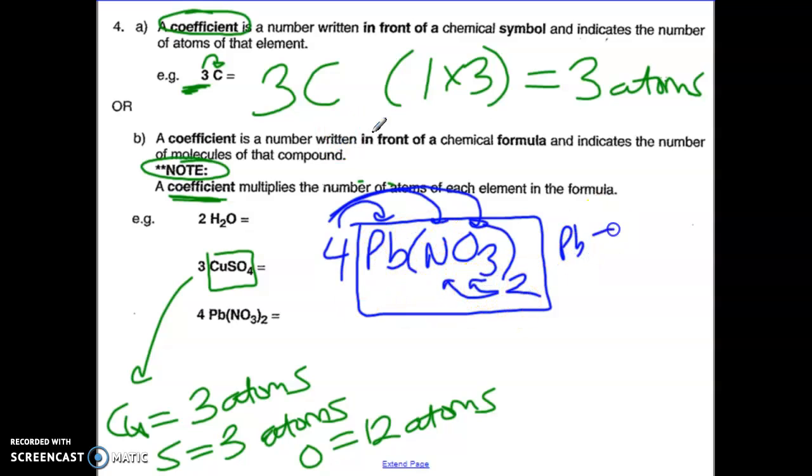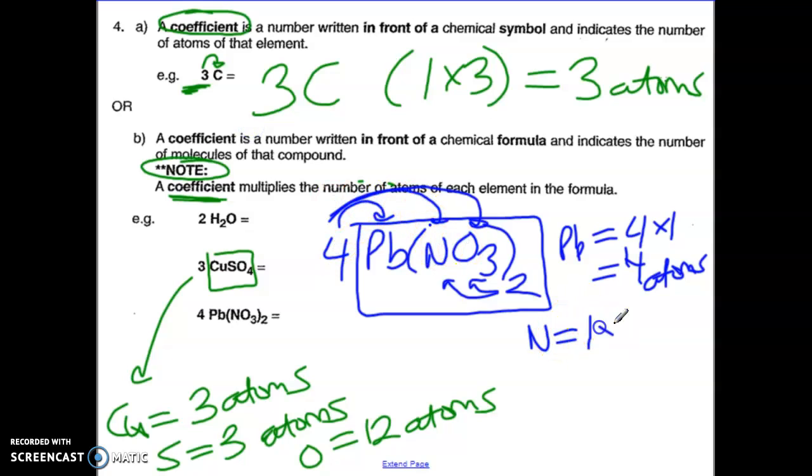So lead is not in the brackets, so it only gets the 4 applied. Remember, there's no subscript, so it's like 4 times 1. So there's 4 atoms of lead. Okay, nitrogen would be 1 times 2, but then also times 4.